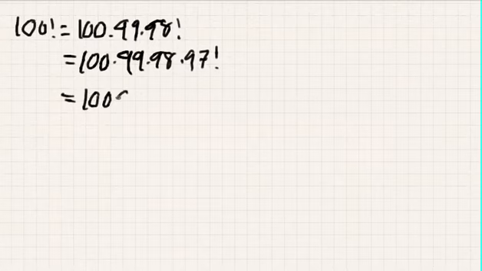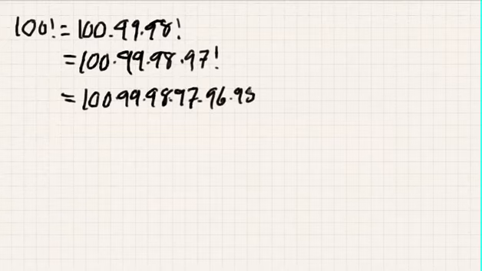So let's suppose I wanted to get down to 93 factorial. I could say 100 factorial is 100 times 99 times 98 times 97 times 96 times 95 times 94 times 93 factorial. All I'm doing is using that previous rule over and over again.